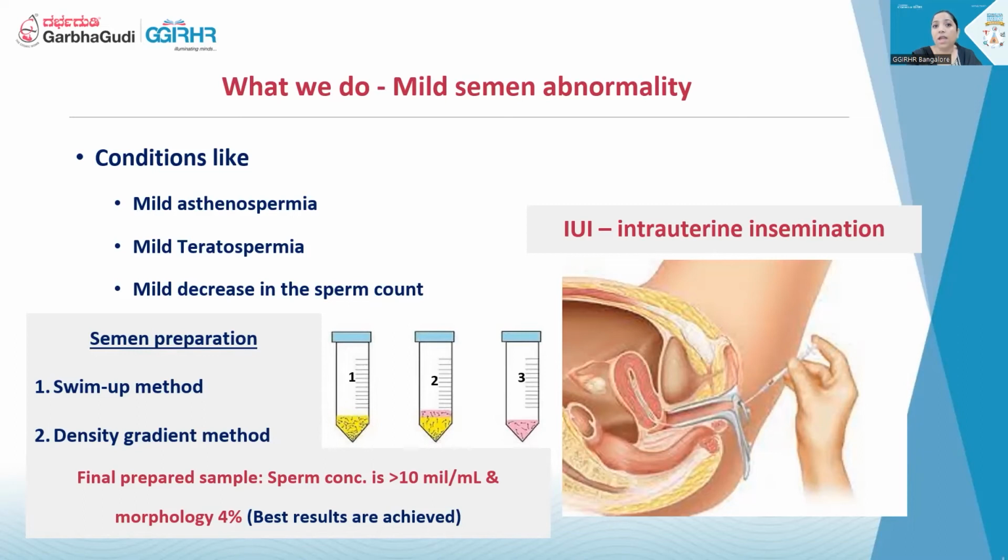If there is high viscosity, when we remove all the semen plasma, the motility does improve. So the final sample we use for IUI should be at least more than 10 million with good motility, around 90% or more post-wash, and good morphology. That will increase the chances of a successful IUI.